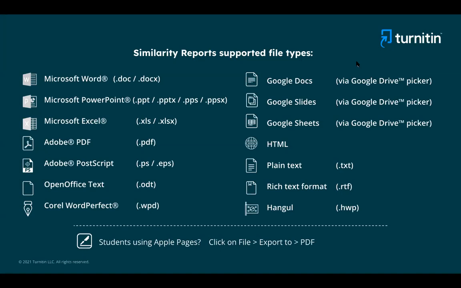We also have HTML files, plain text, rich text format, and even Hangul. In case your students are using Apple Pages, all they have to do is export it to PDF, submit it to the system, and the similarity report will be generated right after.